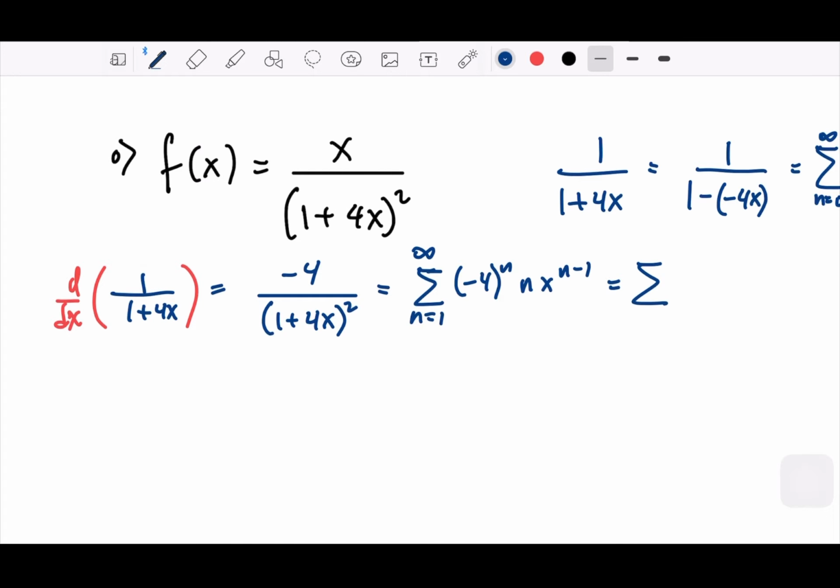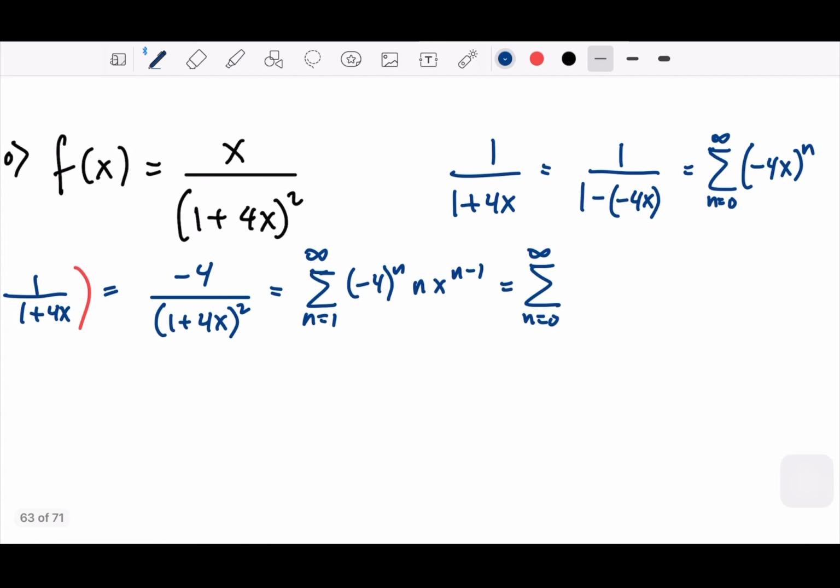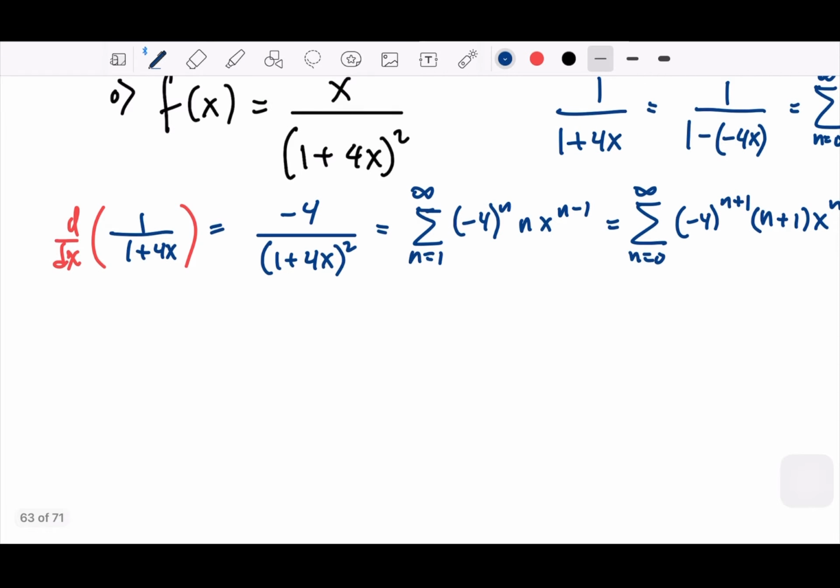Or if we want to make it from n equals 0, we can make it -4 with power of n plus 1, times n plus 1, and then x with power of n. And now we have the function is x, right? So we are looking at these two different equations.